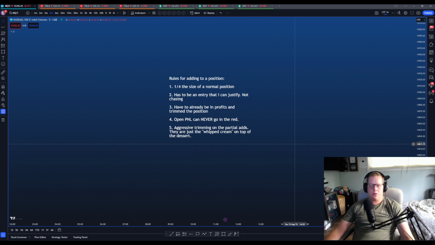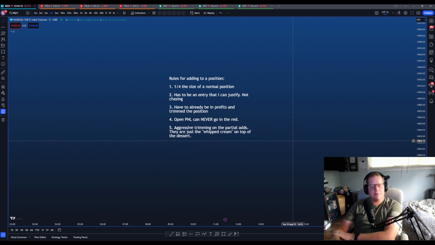The rule for adding to a position is it has to be about 1/4 of the size. I'll go between 1/4 and one half of the size of a normal position. Let's say my normal position is 10 contracts, 10 micros. I'm adding 2 contracts, up to 5. Obviously my position size changes depending on my stop loss.